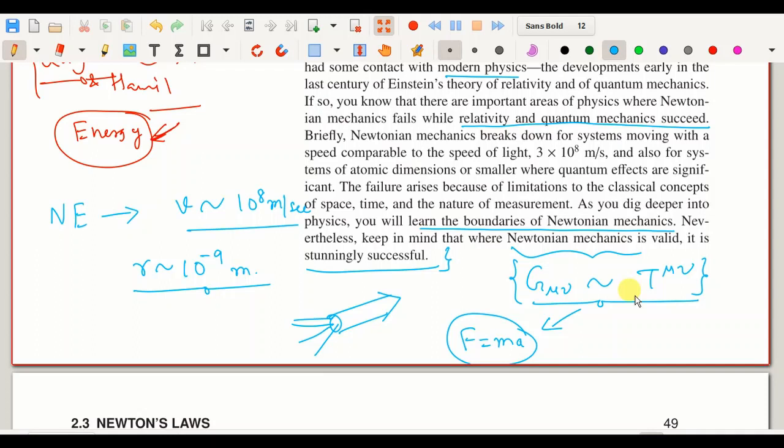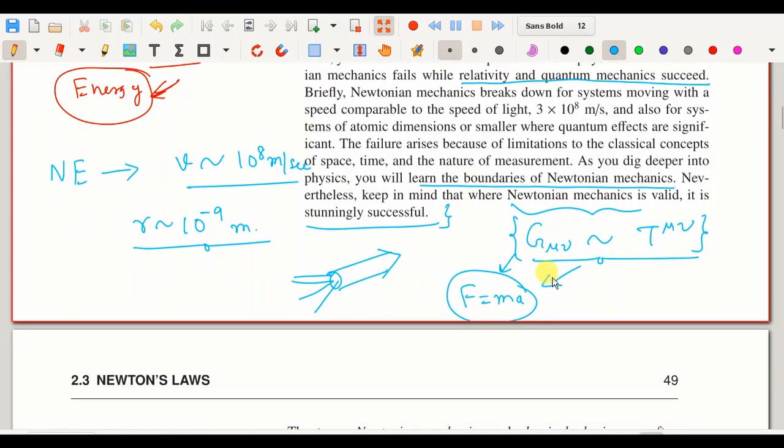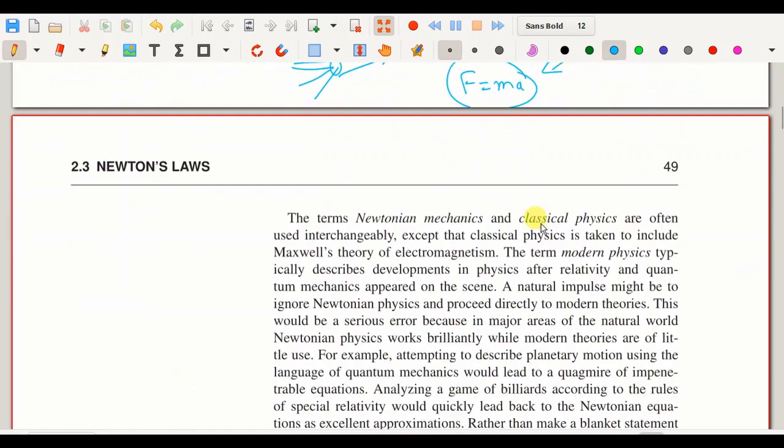Whatever theory surpasses Newtonian mechanics has to boil down to the Newtonian equation when applied in that regime. Otherwise your development is completely wrong, and Einstein's equation does an amazing job of that. So that's why Newtonian mechanics is stunning.